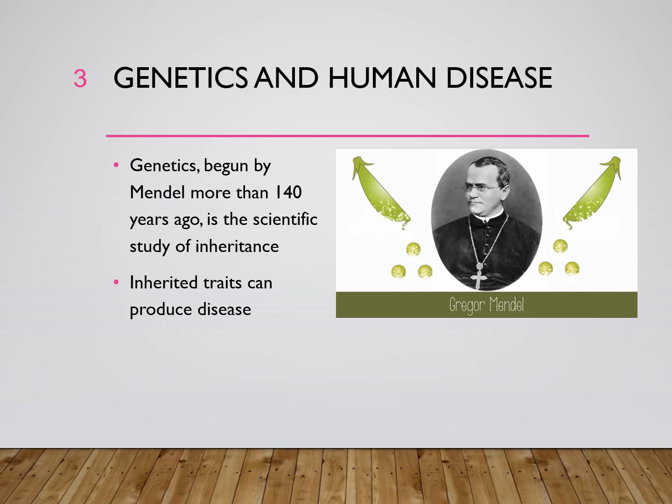Genetics began with Mendel more than 140 years ago when he identified something different with his pea plants. All right, and he identified that there are these little units called genes, and those genes have alleles, and those alleles, depending on how they're combined, are going to manifest in different ways.